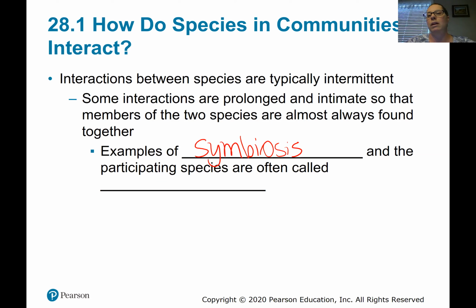There may be some that are intermittent, where they come and go, and maybe only interact together at certain periods of time. But those that are sustained relationships, that's an example of symbiosis. And the two participating species are called symbionts.